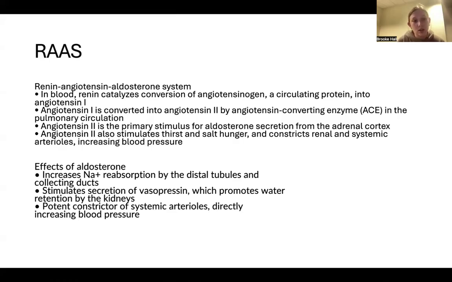Angiotensin 2 also stimulates thirst and salt hunger and constricts renal and systemic arterioles, increasing blood pressure. The effects of aldosterone include increasing sodium reabsorption by the distal tubules and collecting ducts, stimulating the secretion of vasopressin, which promotes water retention by the kidneys, and acting as a potent constrictor of systemic arterioles, which directly increases the blood pressure.